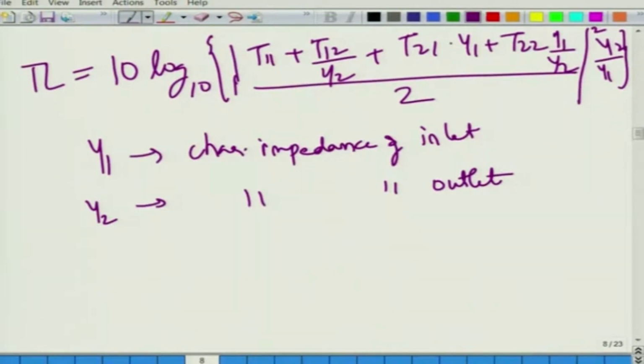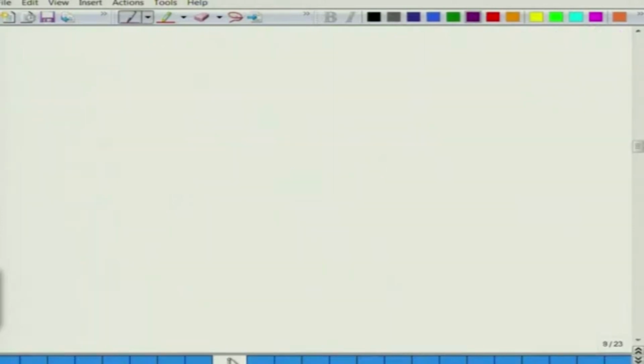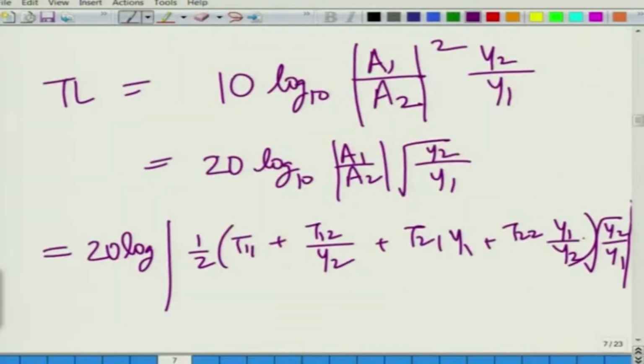So, what it probably means is that if we have y1 equal to y2, then things would simplify, and let us call this as y naught, as we were doing it for the extended inlet and extended outlet element. So, under this situation, transmission loss then becomes 20 times log to the base 10, and this would be y naught, and this would cancel out, and so would this term, or probably this term would be unity, this term would be just 1.